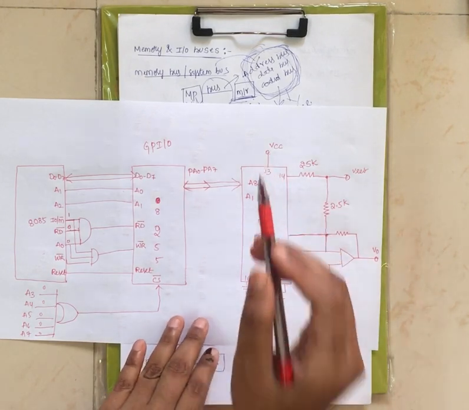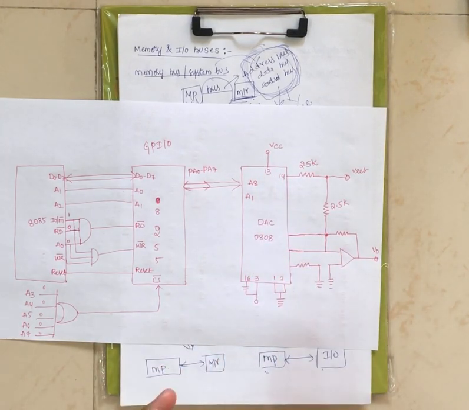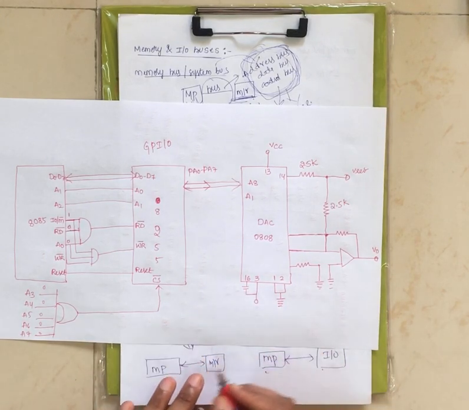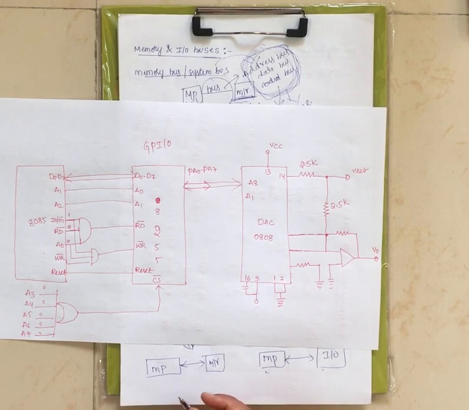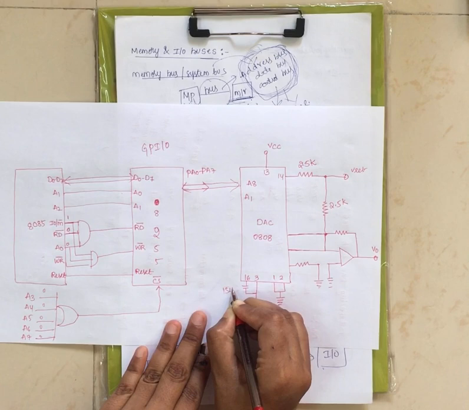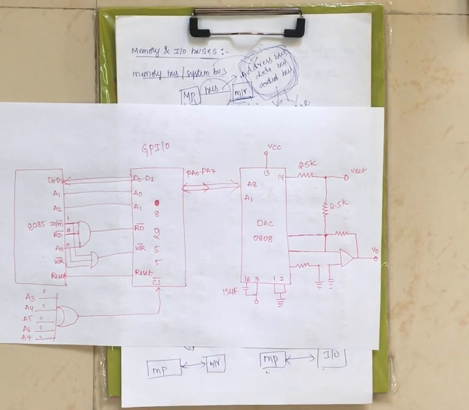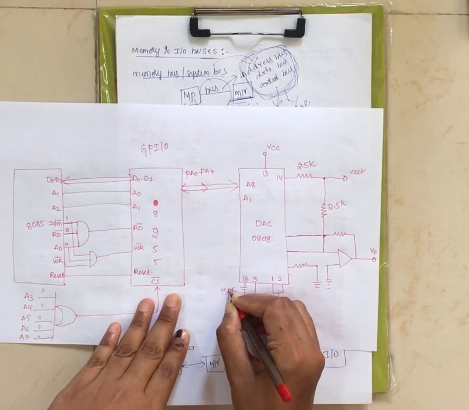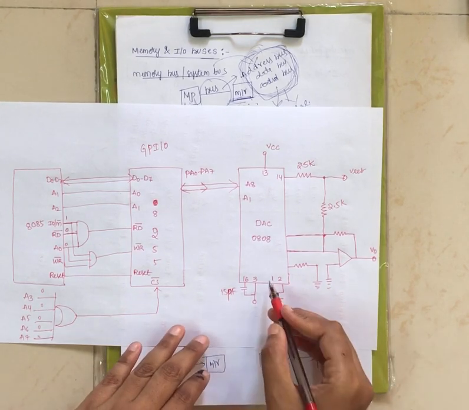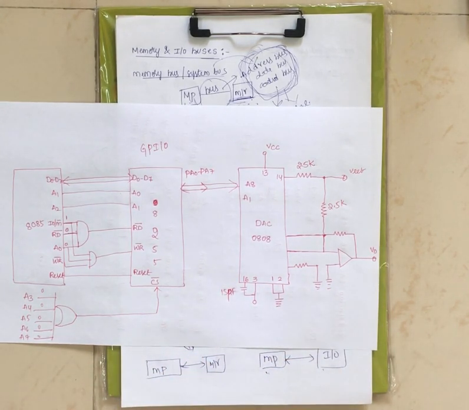Now the 13th pin is VCC, through which you are providing the power supply of plus 5 volts. The 16th pin is a compensation pin, used for capacitor compensation, that is 15 picofarad. The third pin is your VEE, the negative power supply.